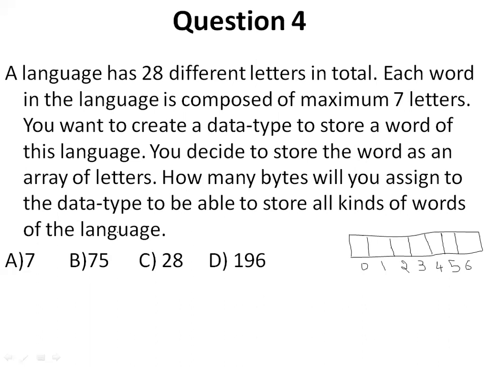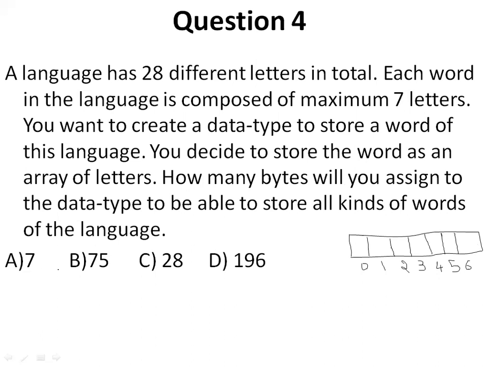Had it been C language or C++, then you would need an extra space to store the \0 character. But here it is not so. Your language may directly store 7 letters, it is not compulsory that you store \0 at the end.